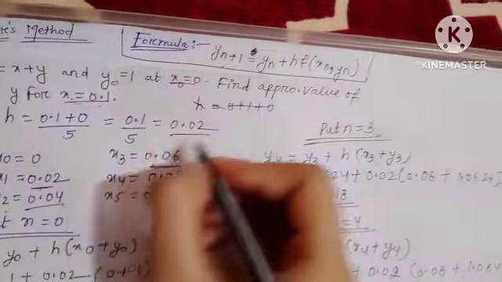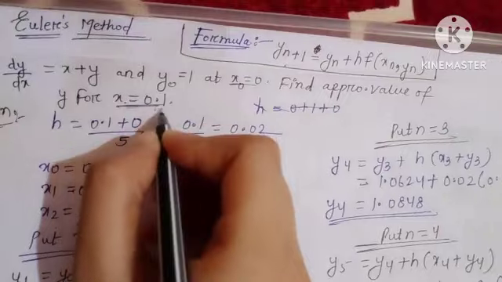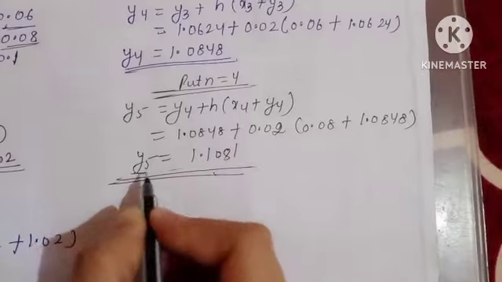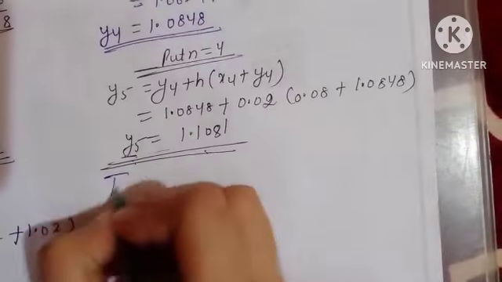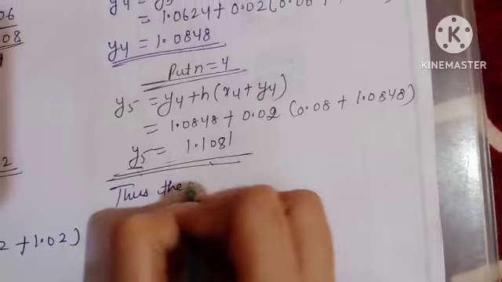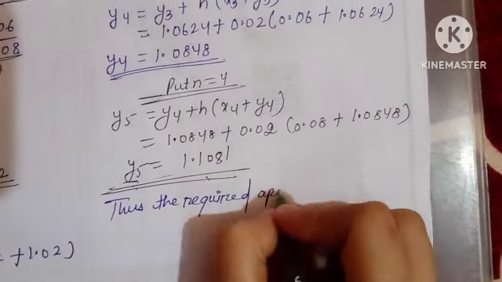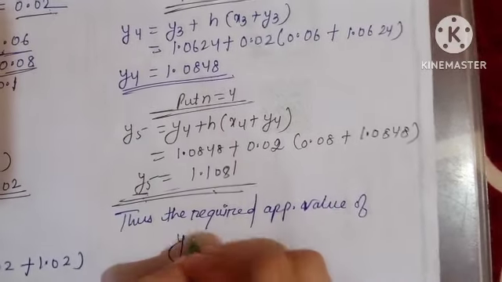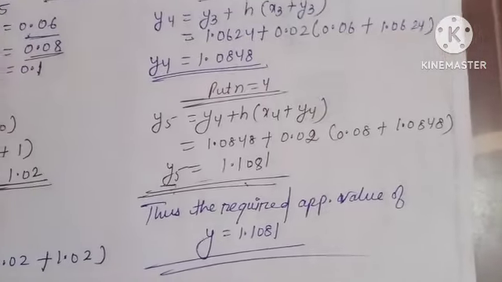Why? Because in the given question, we have to compute at x equal to 0.1, meaning x5, so we have stopped at y5. Thus the required approximate value of y is equal to 1.1081. This is the final solution.